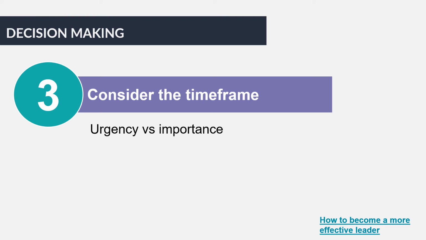And the third one is considering the time frame. Here we are talking about urgency versus importance. Whenever you want to make a decision, each and every decision is bound to time.